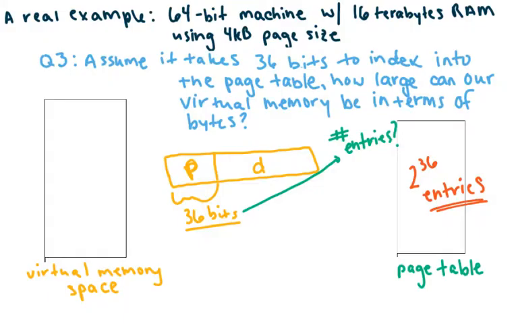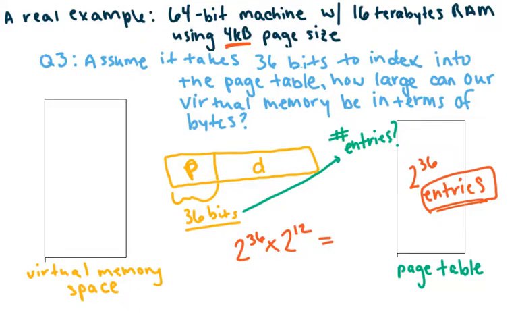So now we need to figure out how much space that is going to take up. An entry is equivalent to a page, and we know that our pages are 4 kilobytes. So all we do is we say 2 to the 36 times the page size, which is 2 to the 12th. We've already done that calculation, so I'll just skip.